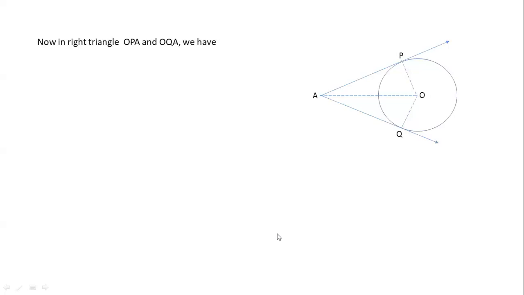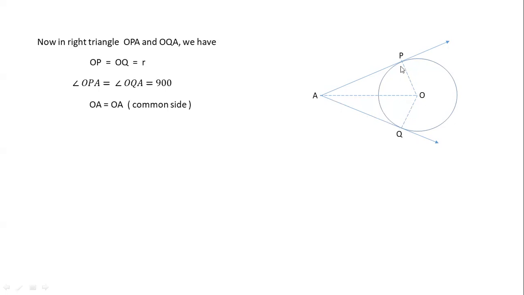Now, in the right triangles OPA and OQA, OP is equal to OQ, both equal to the radius. Angle OPA is equal to angle OQA, both equal to 90 degrees. And OA is common to both these triangles.